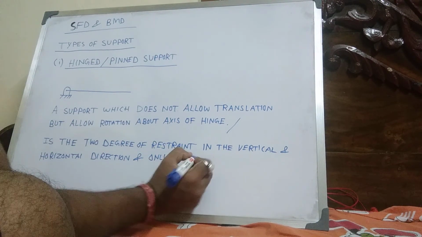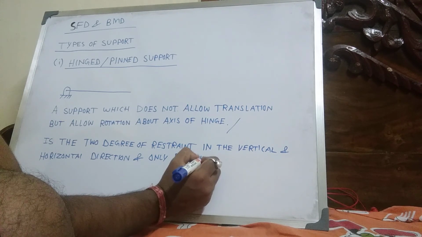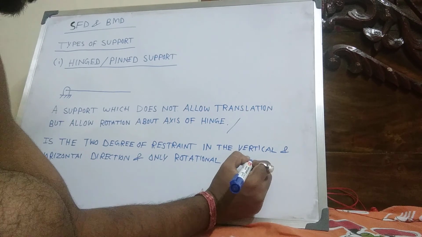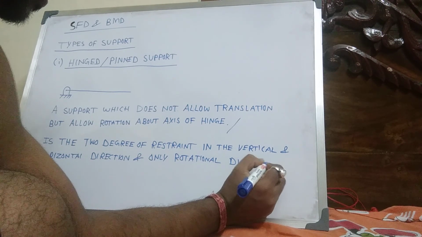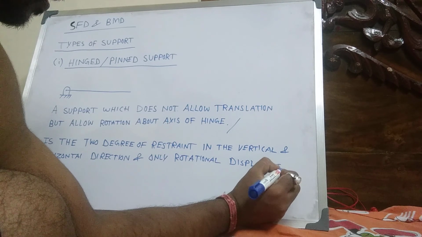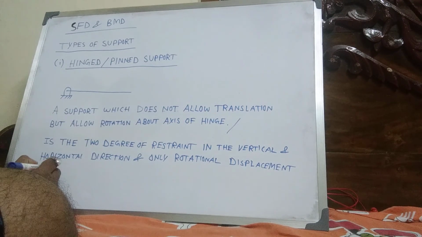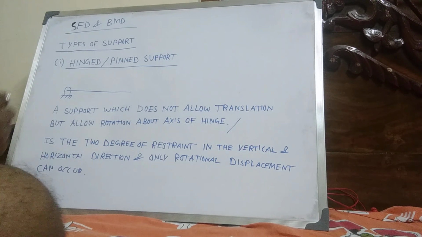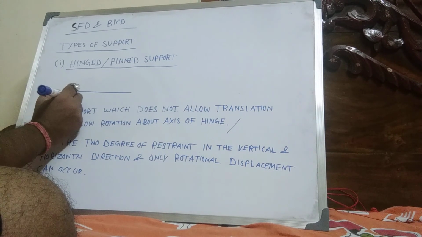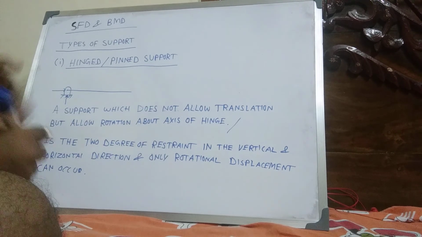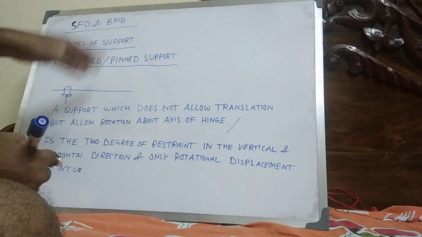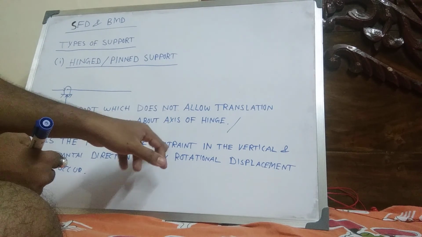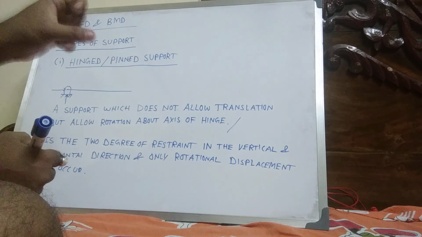Rotational displacement can occur means it is free to move, free to rotate, but there is restraint, any kind of restriction.